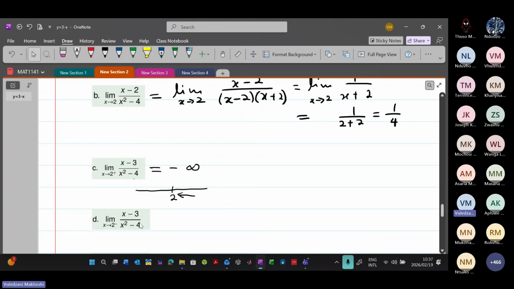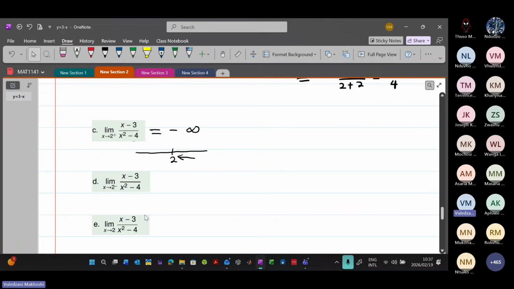Let us look at number D. It's the same as this one, because for number D, if you look at the number line, if your 2 is here, you will be getting closer and closer to 2 from this side. Remember, we are not interested in what happens when x equals 2, but what happens when x is very close to 2.